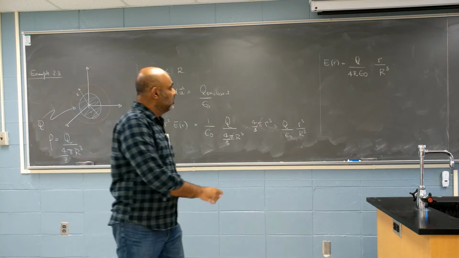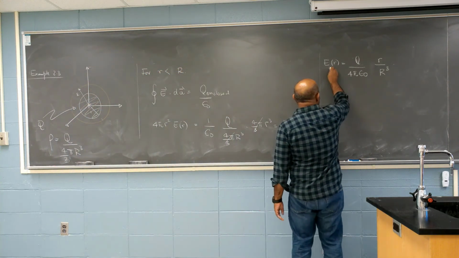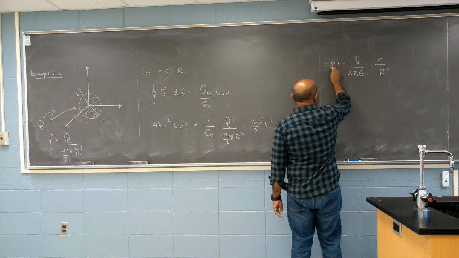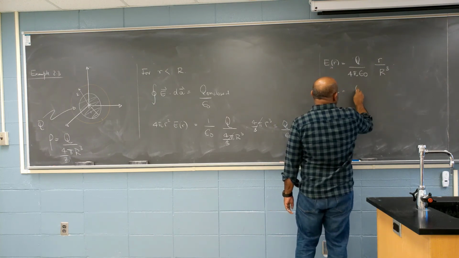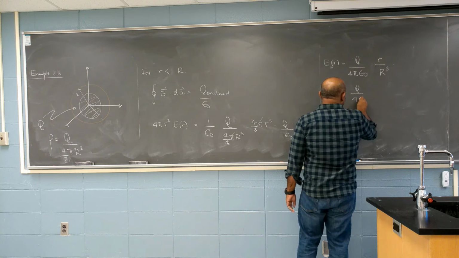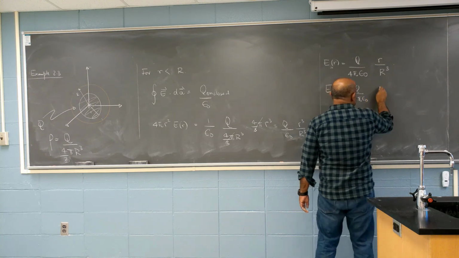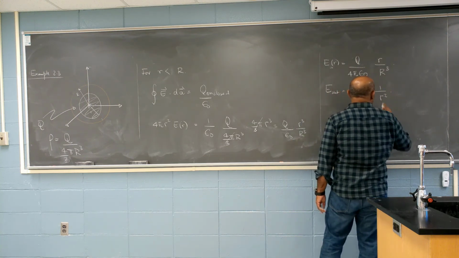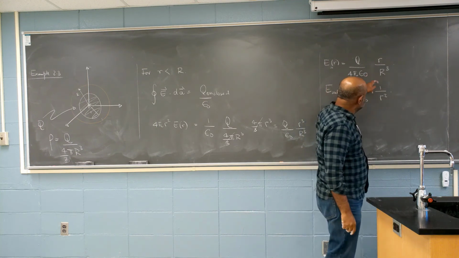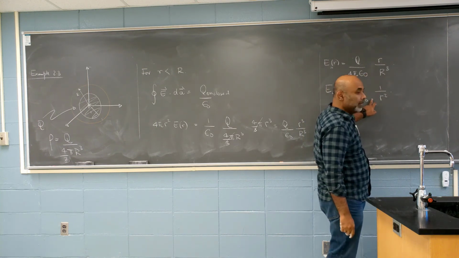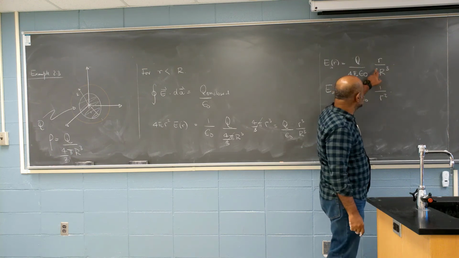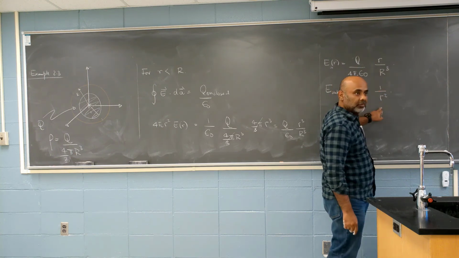So this is E in, inside, and E out, which is Q over 4 pi epsilon naught, 1 over r squared. Note that both of these agree when little r equals big R. This becomes 1 over R squared, this is 1 over R squared.